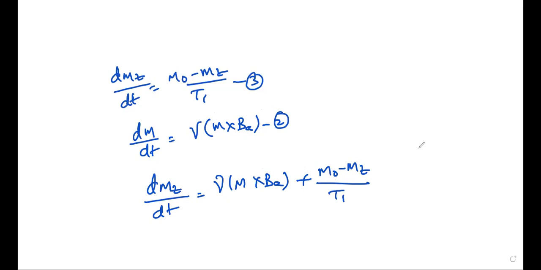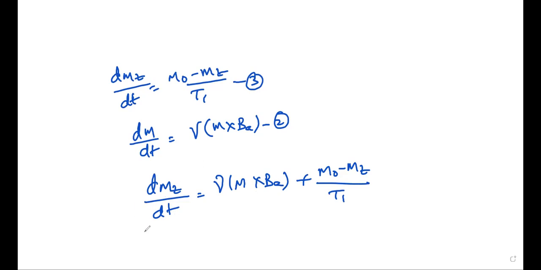So if in a static field B0 z, the transverse magnetization component Mx is not 0, then Mx will decay to 0, and similarly for My. We can provide for the transverse relaxation.